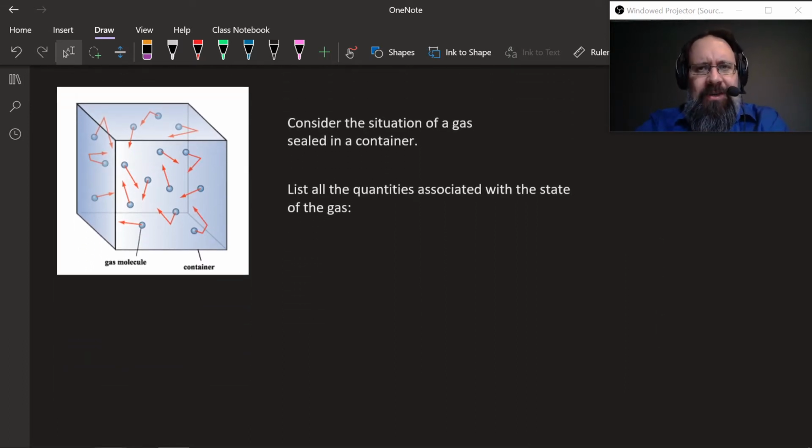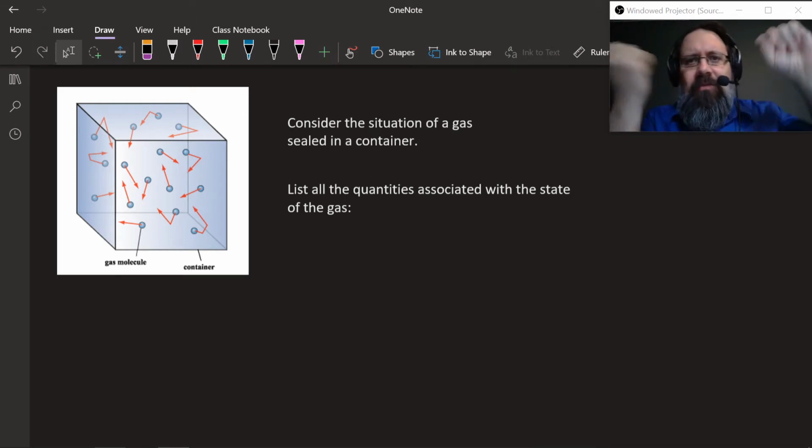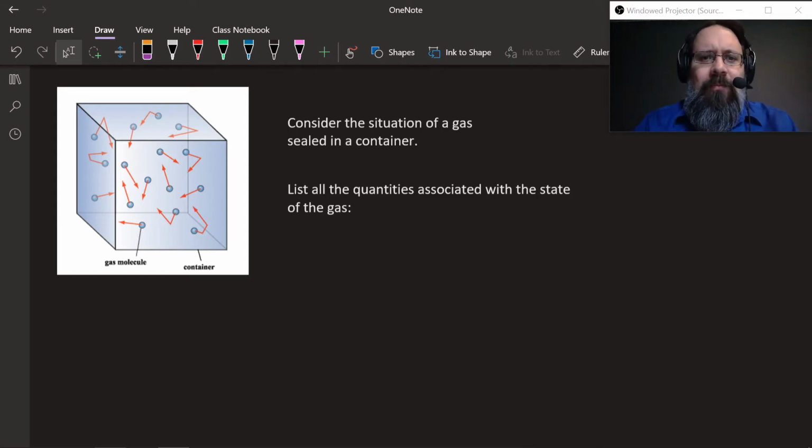So I want you to consider this box, and inside this closed box, there's a bunch of gas particles, and they're bouncing all over the place, moving around. What I want to do is list all of the quantities that are associated with the state of this gas. And when we say state, we mean the physical properties of this system.